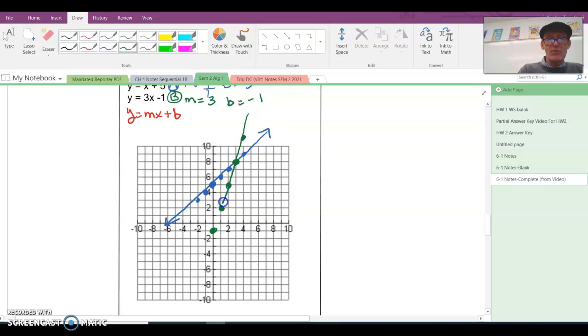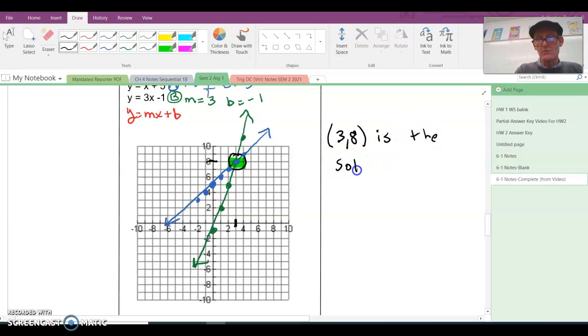Now I did a lot of points to see that this is the intersection point. And that point we figured out is 3, 8. 3, 8 is the solution to the system.